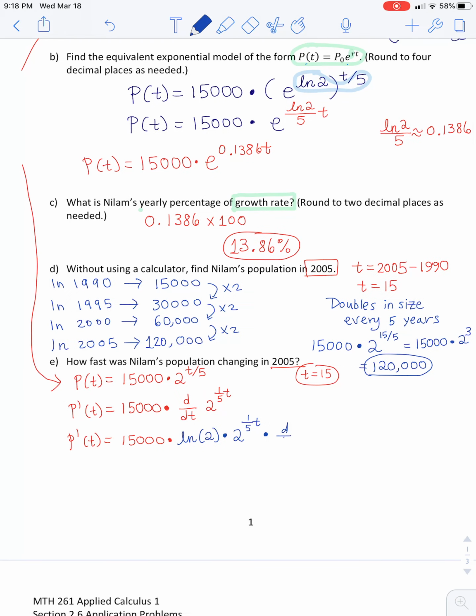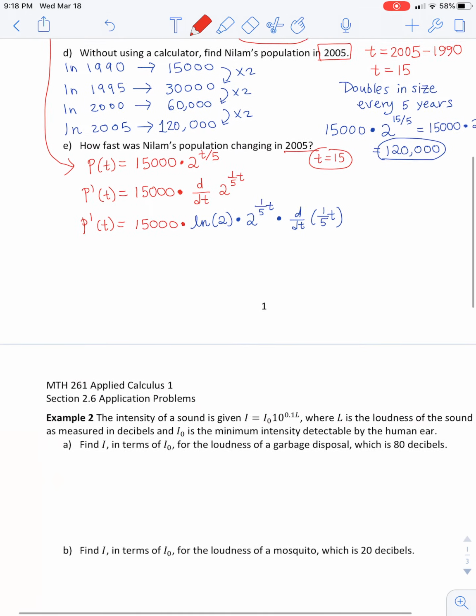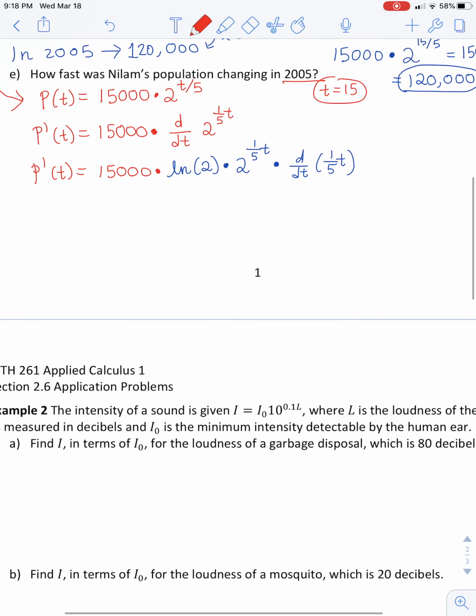So take the derivative of d dt of 1 over 5 t. So p prime of t, not finally yet, 15,000 times ln 2 times 2 to the 1/5 t times the derivative of this 1/5 t. That's just going to be 1 over 5, right?